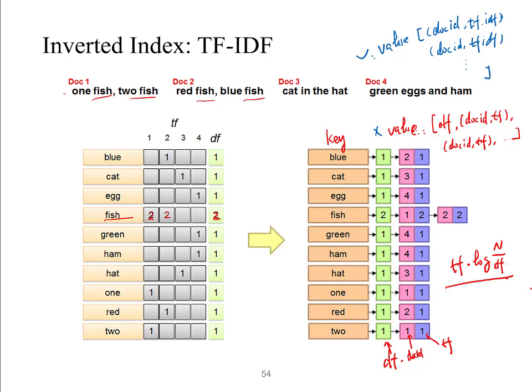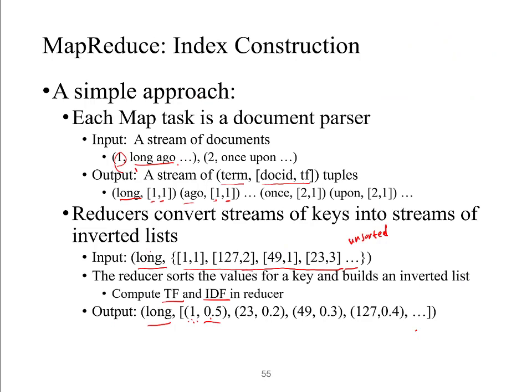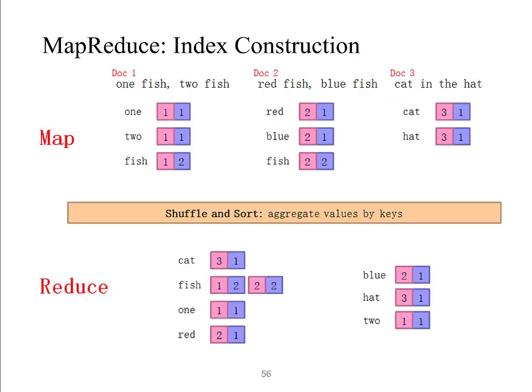Right. So here the example is slightly incorrect, but it does show us some idea about the computation of TF and IDF, which actually will be used when we later try to improve this simple approach.